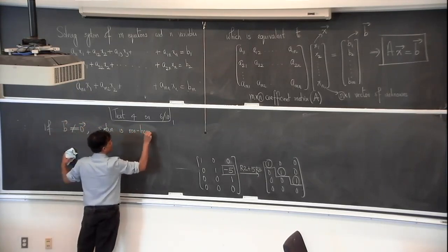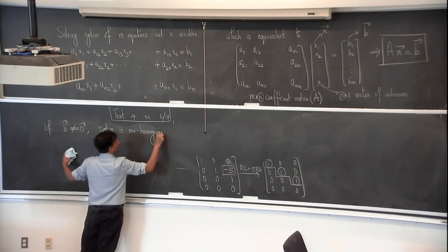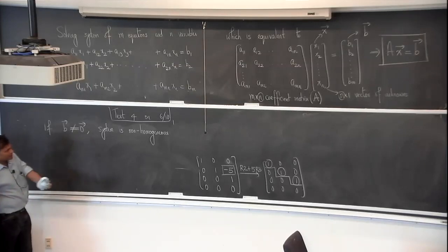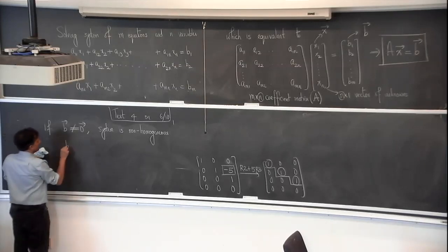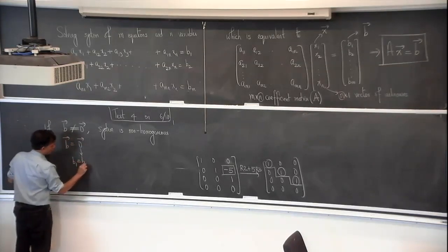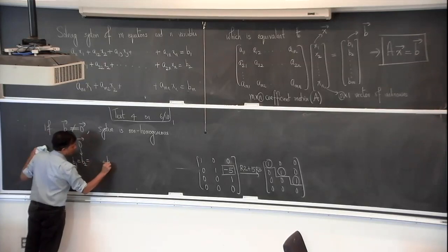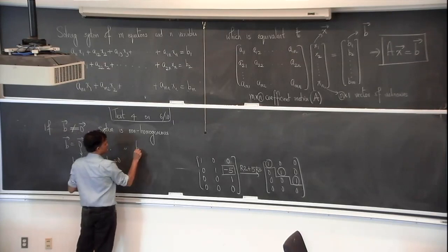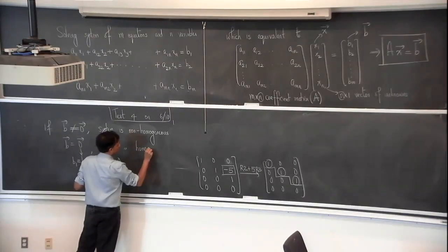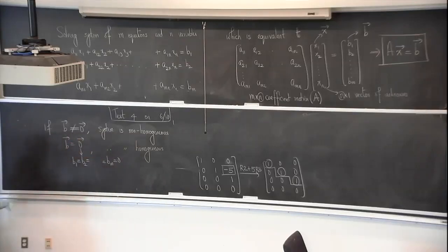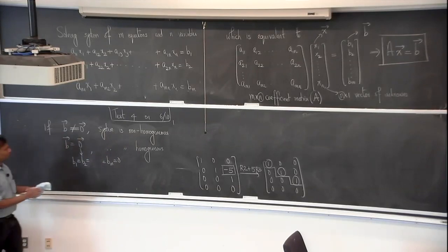The same terminology we use in differential equations. And if b is equal to 0, which means all the right-hand side terms, b1, b2, all of them, are equal to 0, the system is homogeneous. Those names should not be surprising, because we had the same concept even in differential equations, right-hand side being equal to 0 or not.